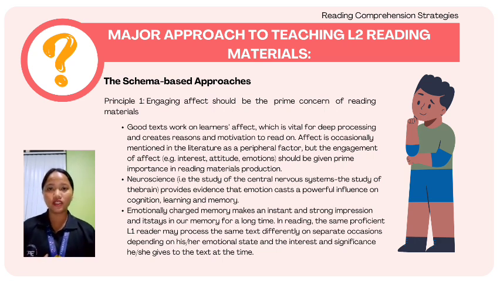When a text resonates emotionally with a reader, it creates a lasting impression, making it easier to remember. Even a proficient reader may interpret the same text differently depending on their emotional state, interest, and significance given to the text. This highlights the importance of choosing texts that connect with learners' emotions to enhance engagement and comprehension.